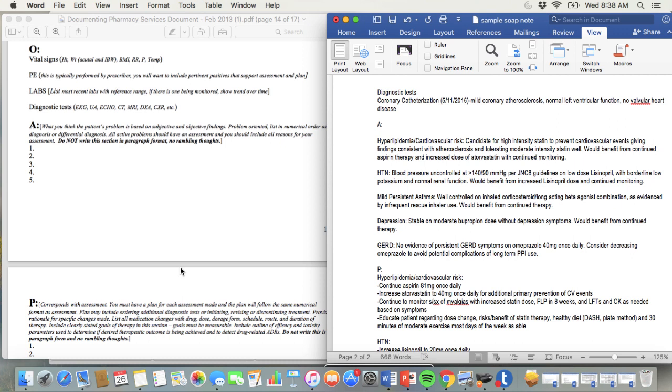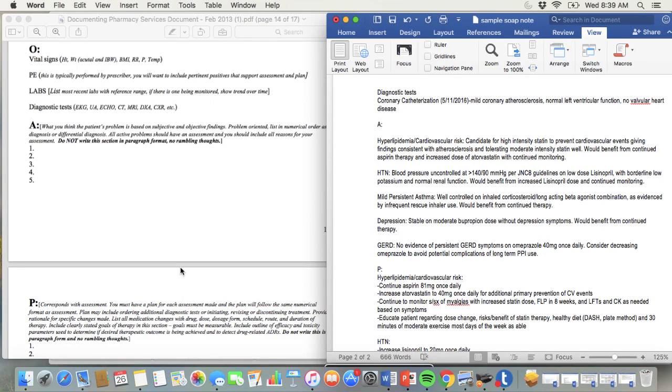So, for example, you wouldn't say the patient's blood pressure was 150/88, you would say the blood pressure is uncontrolled because the reader can see that it was 150/88. So your assessment would say something like blood pressure is uncontrolled at greater than a goal of 140/90 per JNC8. So you want to include your goal to sort of outline your assessment of if it's controlled or uncontrolled.